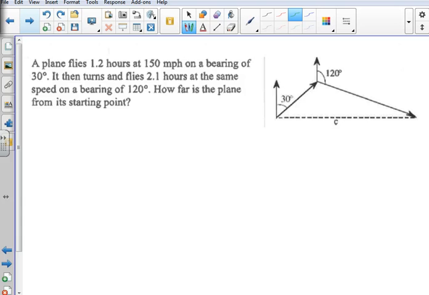Okay, so this is a little strange, but they do a series of questions in this section about bearings. So on a compass, 0 degrees is due north. As opposed to when we work on the coordinate system, where 0 degrees is, I guess you call it east, or whatever, it's this way. But on a compass, this is 0 degrees.